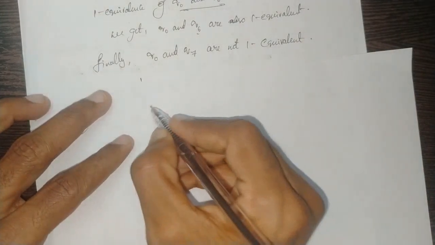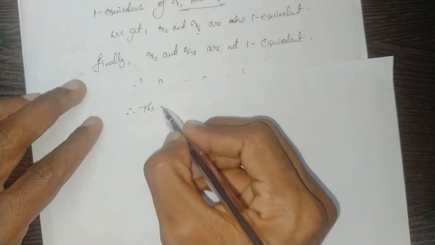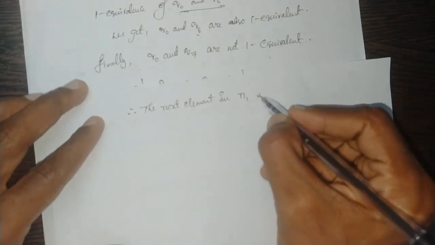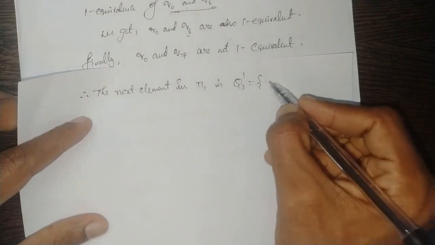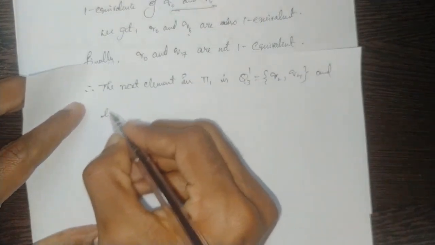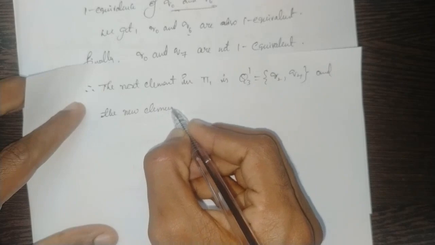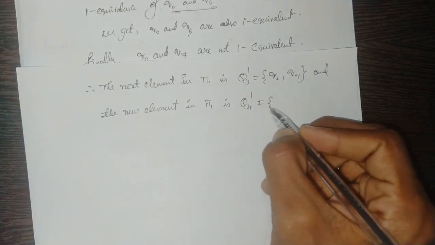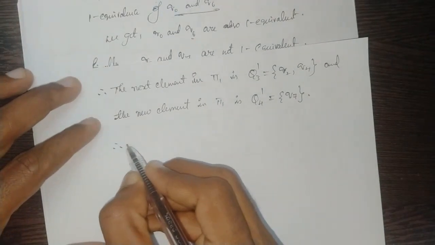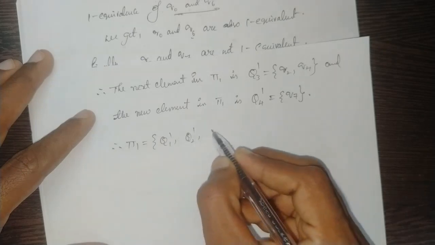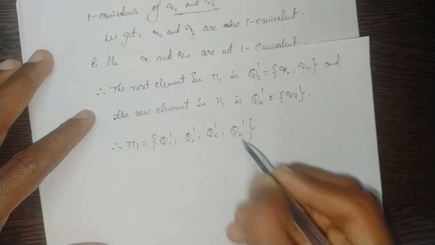So the elements in I1 are Q1 dash, Q2 dash, Q3 dash, Q4 dash.